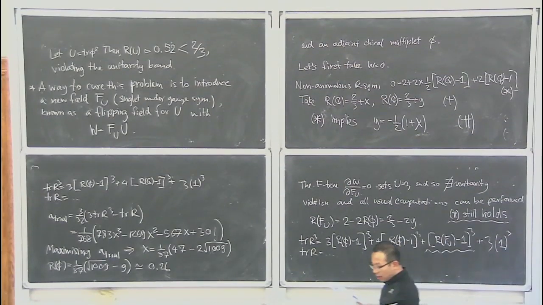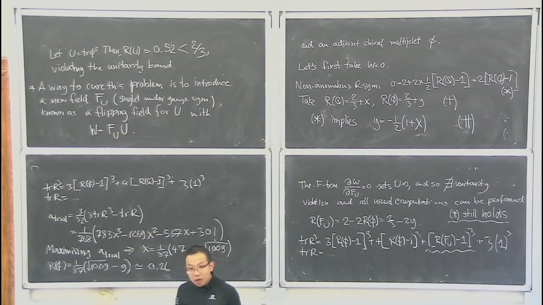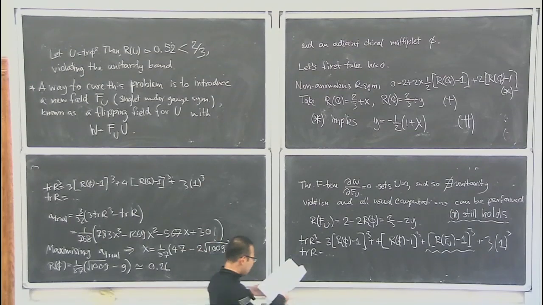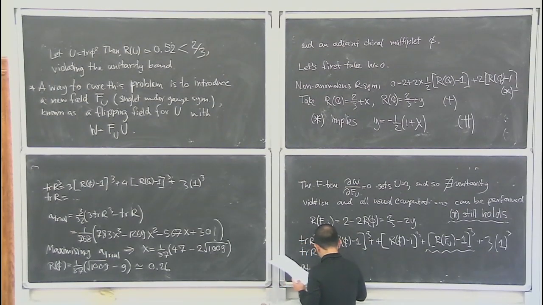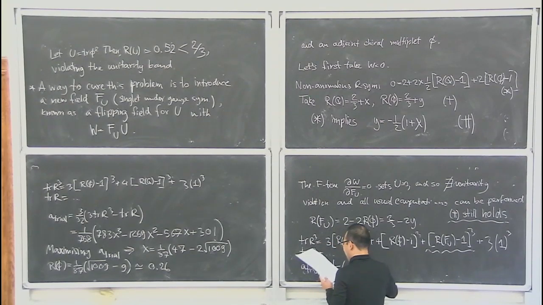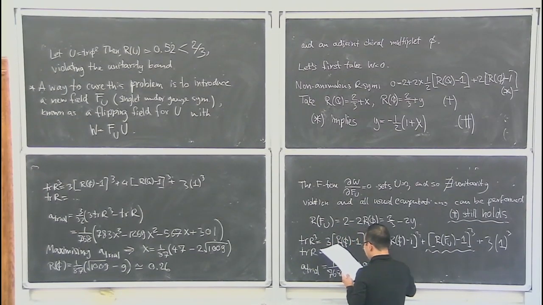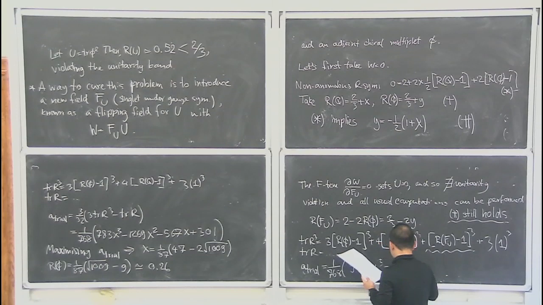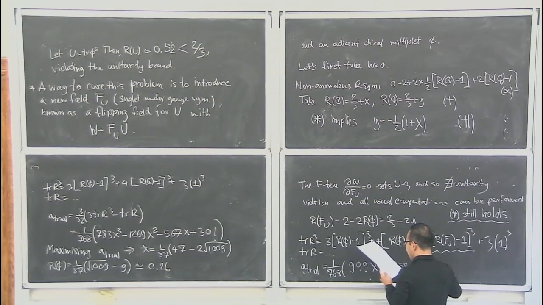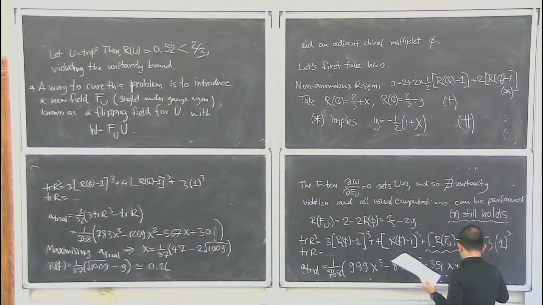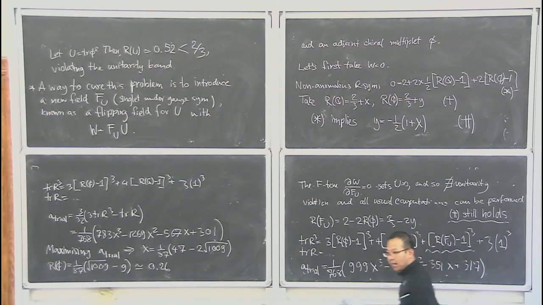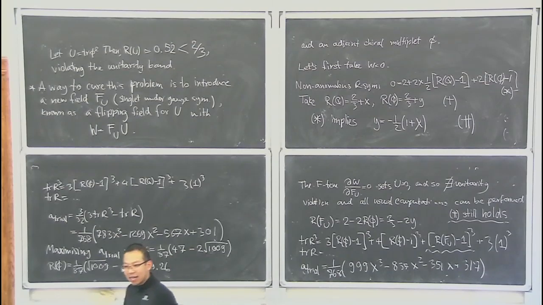Okay? Now redo the computation again. You will see that a trial is 999x cubed minus 837x squared minus 5x plus 137. Okay, then you redo this maximization again.